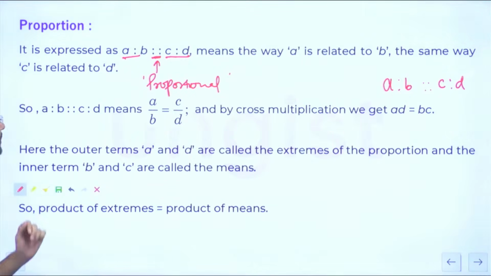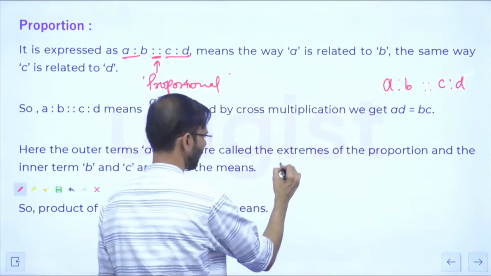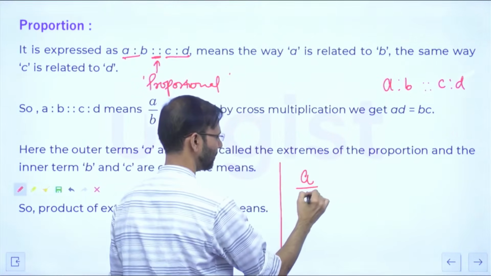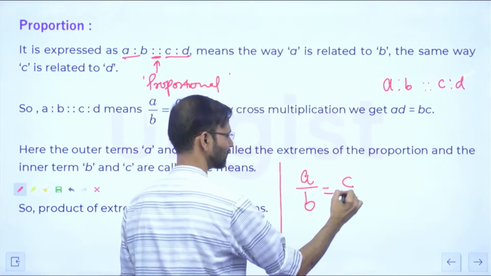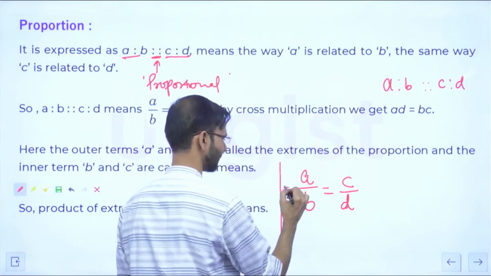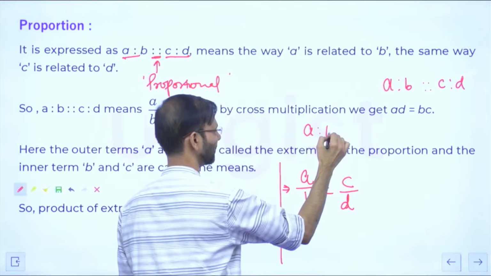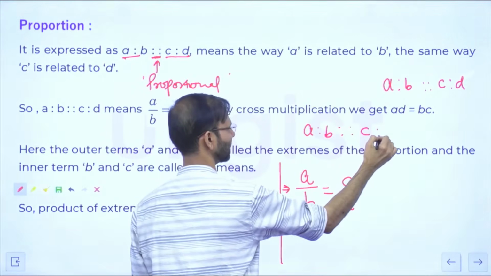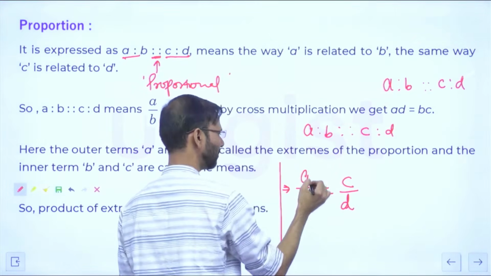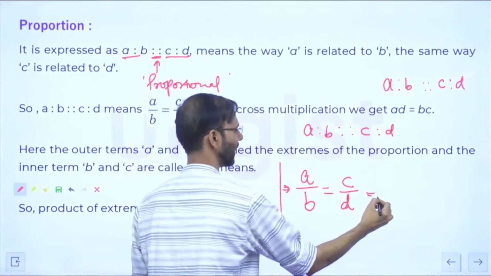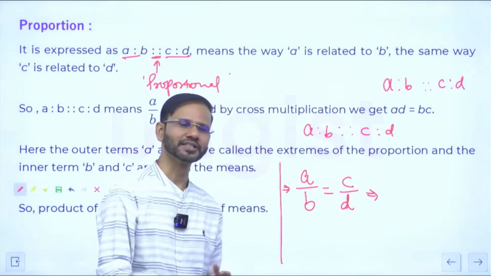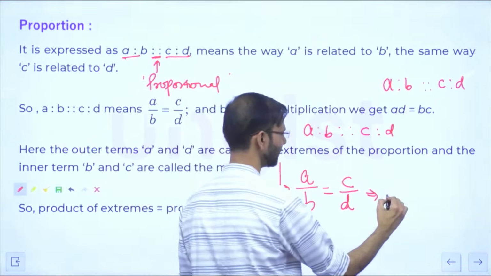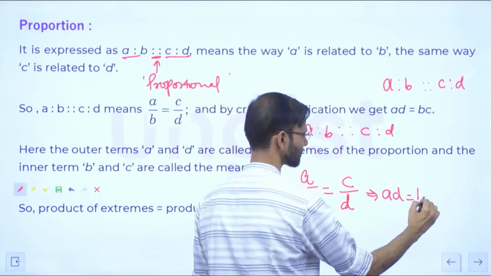So obviously this is A by B is equal to C by D, correct? If it is written like this, A is to B is proportionate to C is to D, which means A by B is equal to C by D, and if you do the cross multiplication, then AD becomes BC.